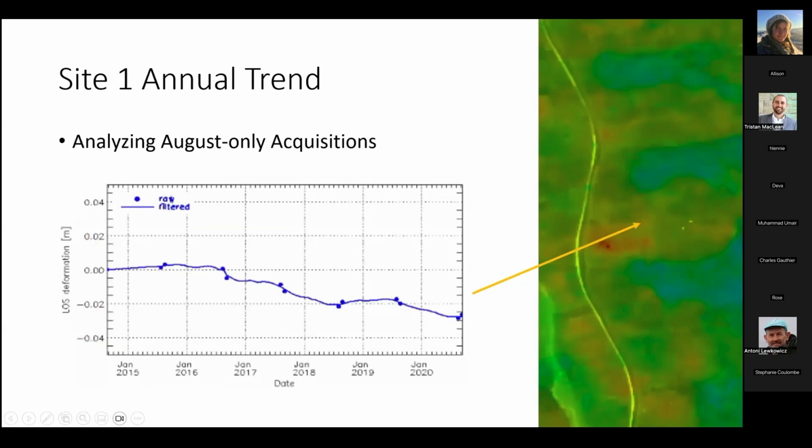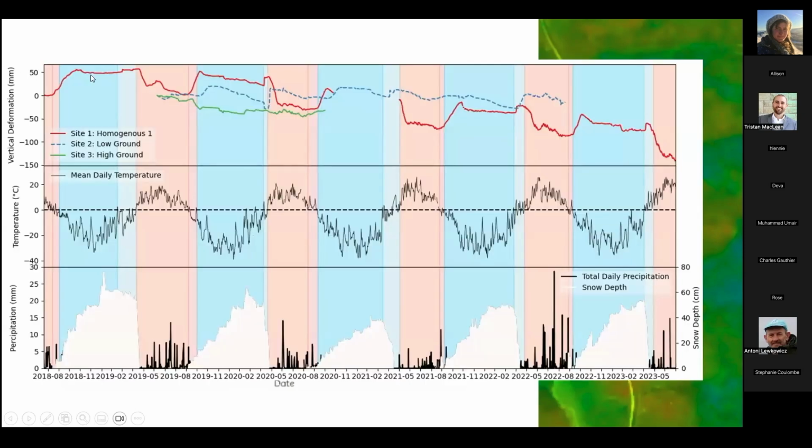And so in this image here, I have Site 1. You can see these white dots here. These are my corner reflectors at Site 1. And here I've plotted a time series. And so from here, you can see that the annual trend is showing about 1 centimeter to 2 centimeters a year of subsidence. And so this is, again, looking at the inclinometer data.